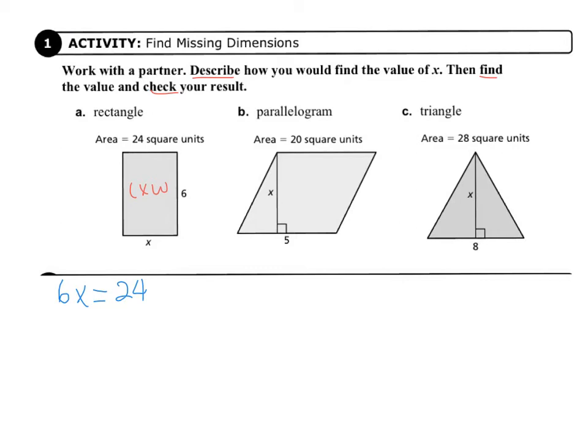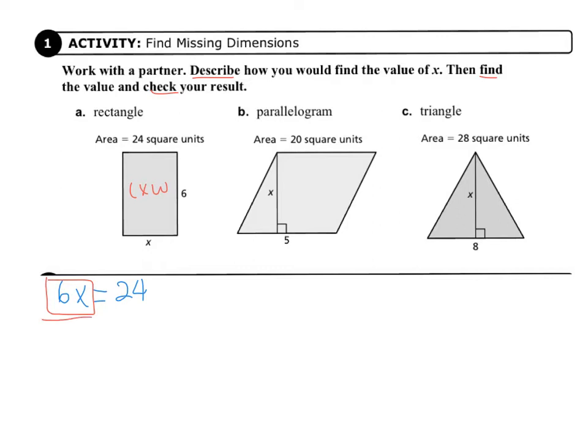And so that's our description, and then we're going to find the value. Just like what we did with addition and subtraction, we're going to use inverse operations. Since the 6 and the x are stuck together by multiplication, we need to use inverse operations to get them sort of unstuck. So we're going to divide both sides by 6.